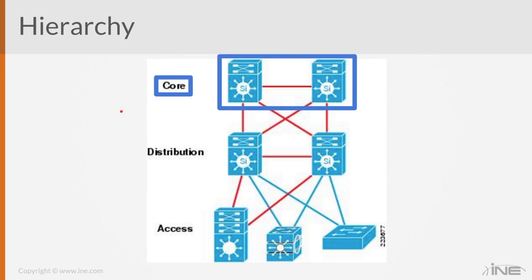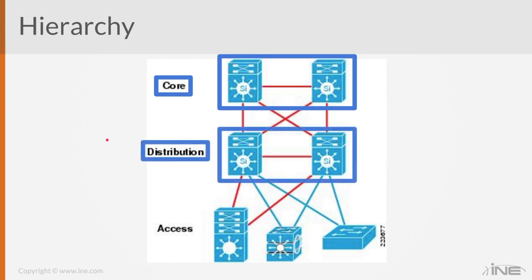Your core is your centralized gateway to other parts of your network. This should be hosting your fastest and meanest hardware. This is where the traffic must flow as fast as possible.